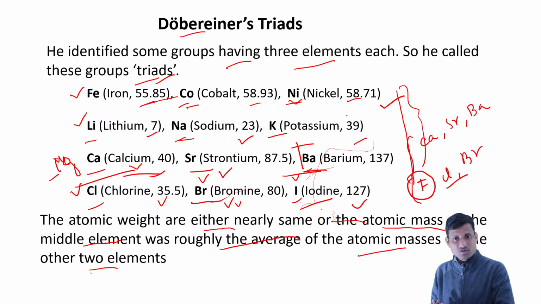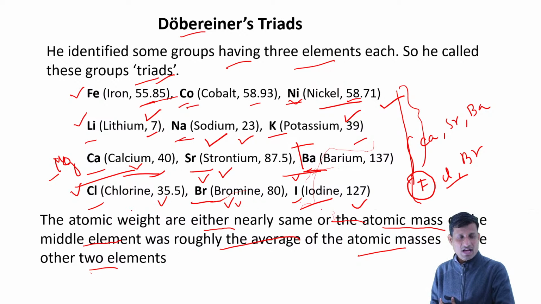Either the atomic weights are similar, or the atomic weight of the middle element is the average of the atomic weights of the first and last elements of the group. This is what Dobereiner contributed to the first periodic table. This was the first attempt.